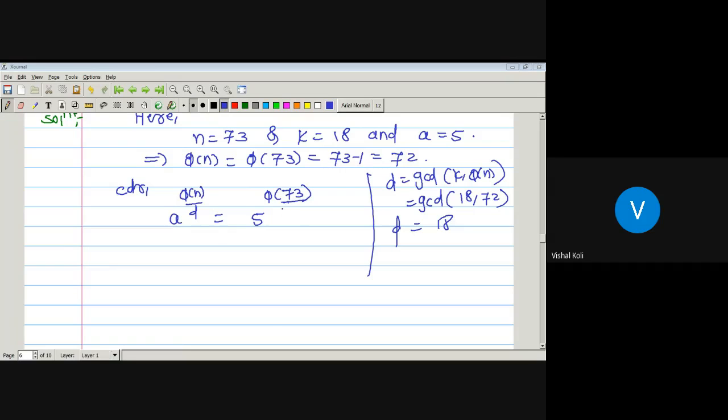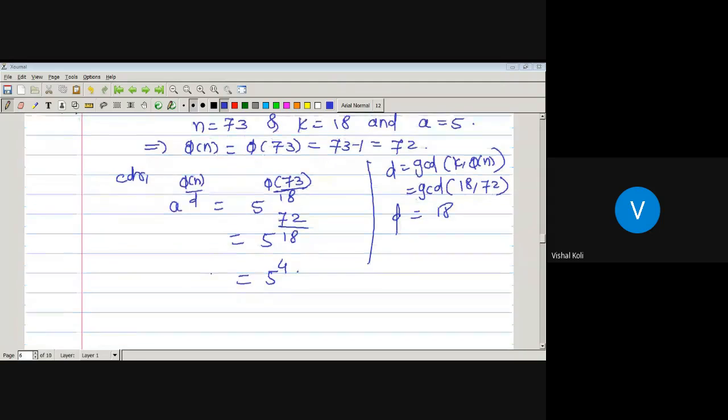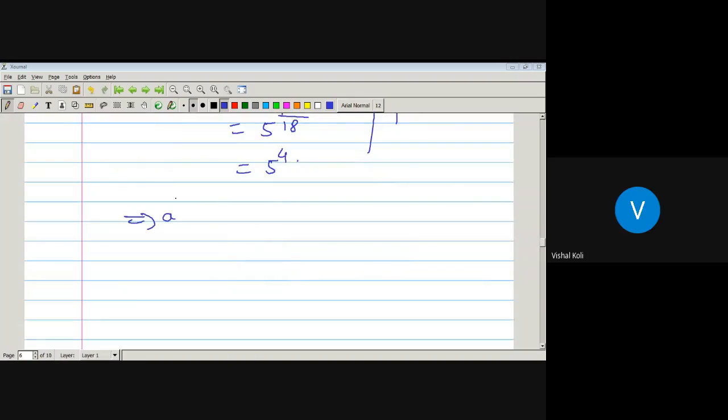Put the value here: 5 to the power phi of 73, which is 72, divided by 18, which is 5 to the power 4. So a to the power phi of n upon d is 5 to the power 4. 5 to the power 4 is 5 into 5, 25, 25 into 5, 125, 125 into 5, 625.